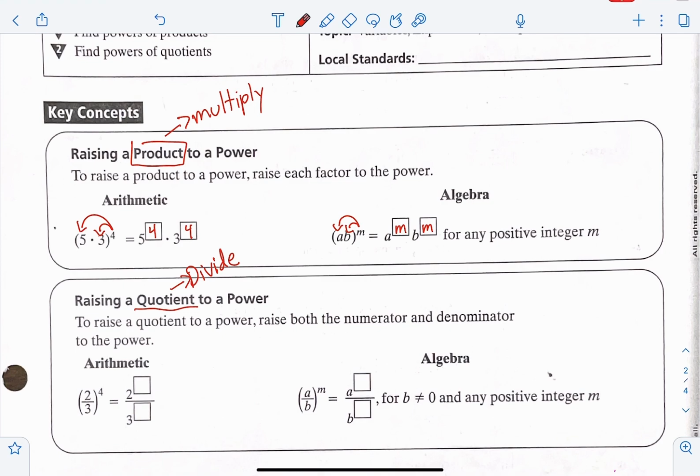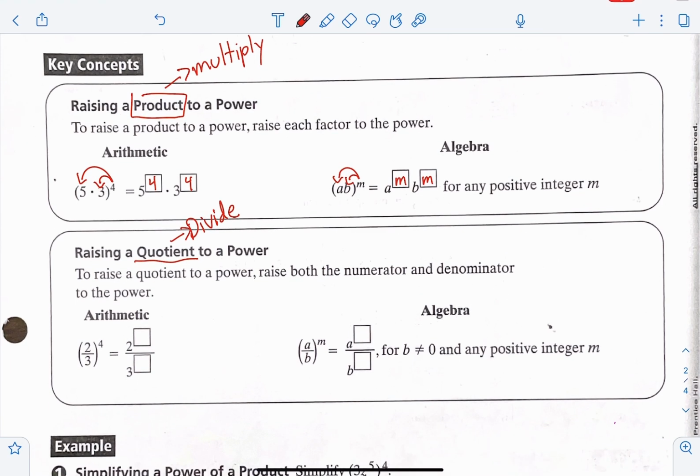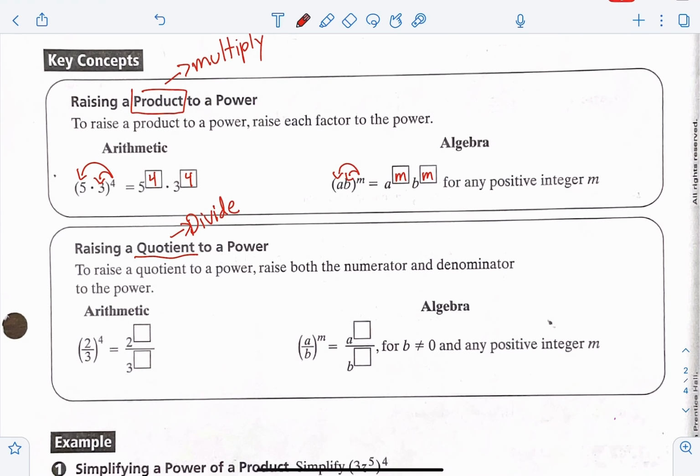When it comes to the quotient version of this, you're going to raise both the numerator and the denominator to the power. So again, that exponent is going to apply to the top and to the bottom. So 2 over 3, all to the power of 4, is the same as 2 to the 4 over 3 to the 4.